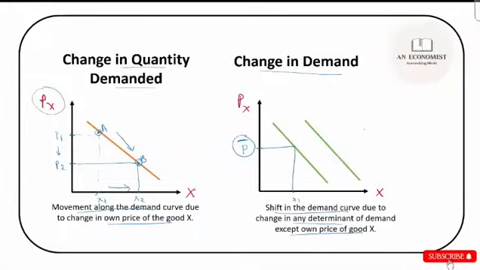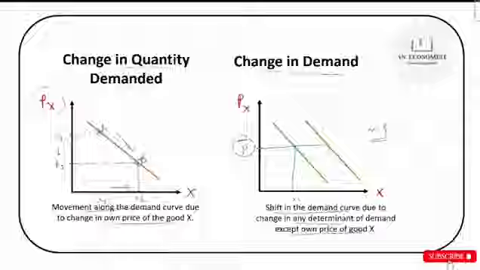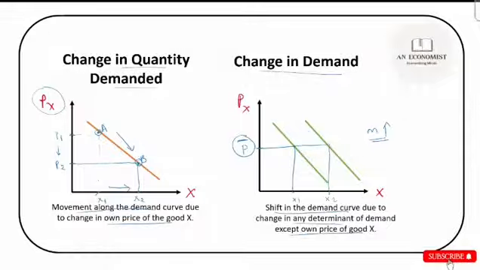Now suppose you change the money income, you increase your money income. At the same price level, you now have an increased level of demand, and that will be shown by a shift in the demand curve. You can't move along the same demand curve because you are drawing this demand in the own price and quantity demanded axes.